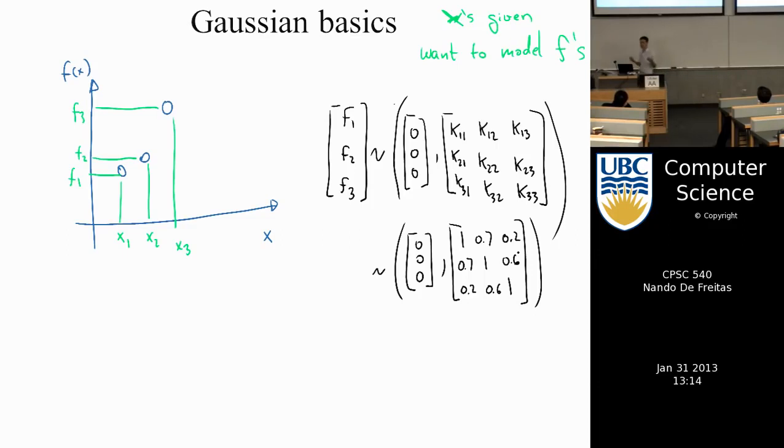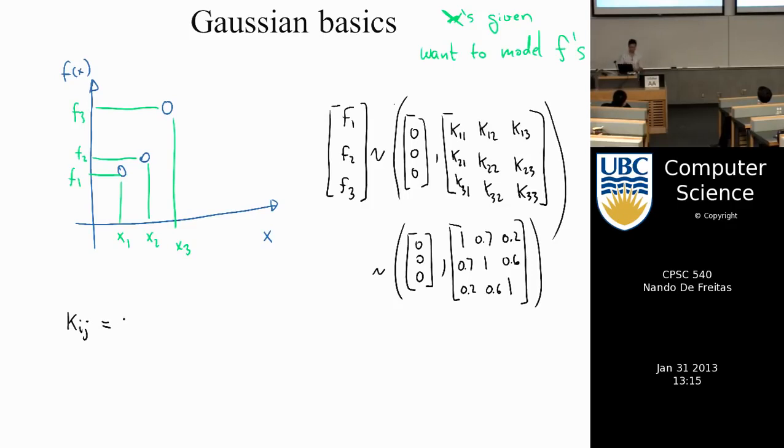Now, how could I construct a matrix that has this property? A matrix that says that F1 is highly correlated with F2, not so much correlated with F3. The way to do it is to let each element, Kij, be given by a measure of similarity.